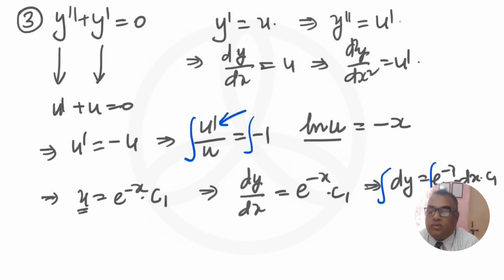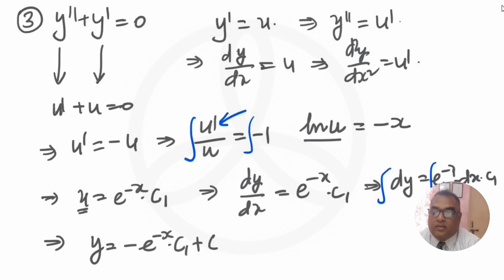Here also it will be there. We will have y is equal to minus of e to the power minus x times c1 plus c2, a constant. Therefore our answer will be y is equal to minus c1 e to the power minus x plus a constant c2. This is the answer.